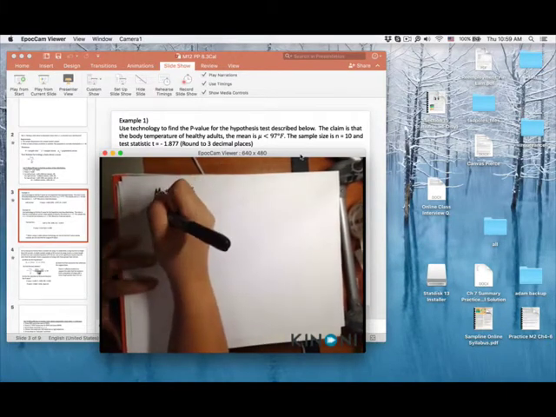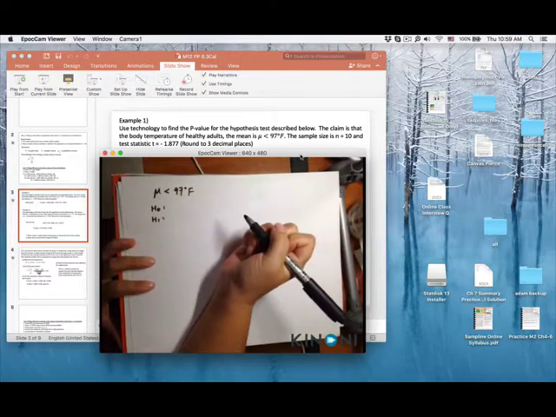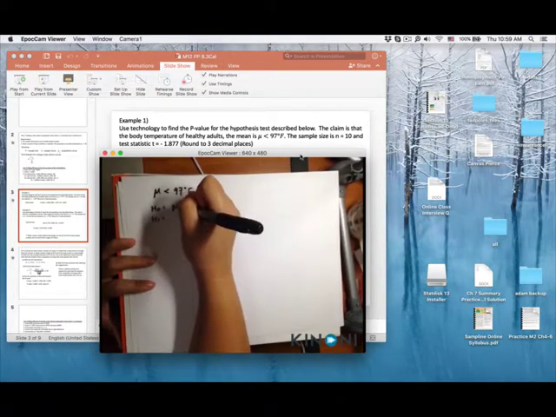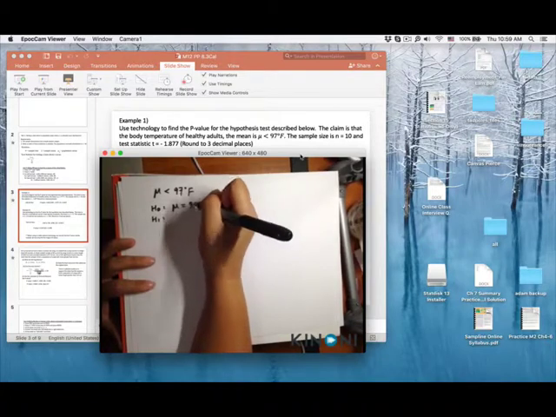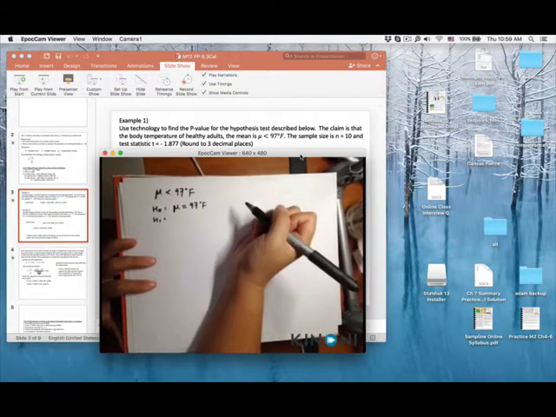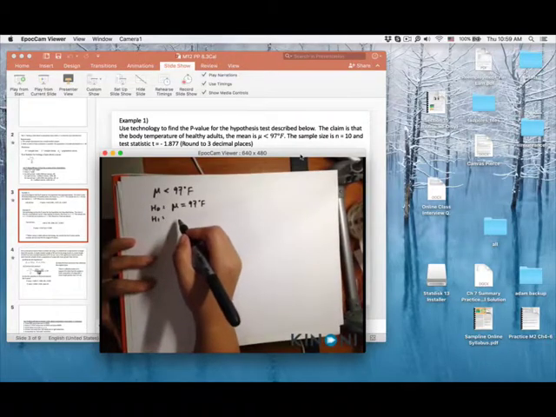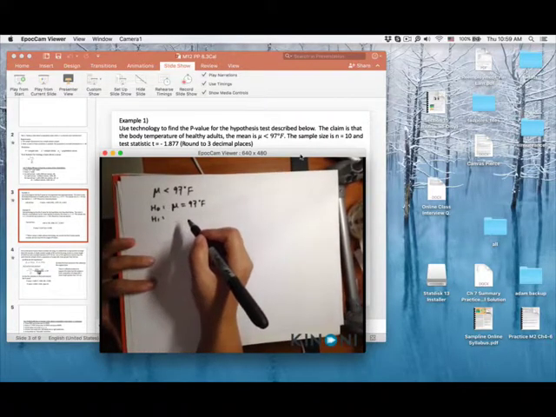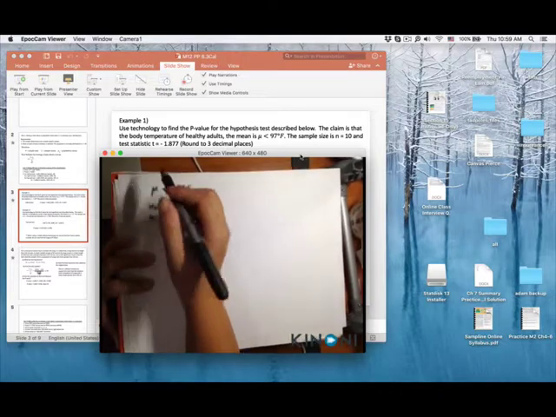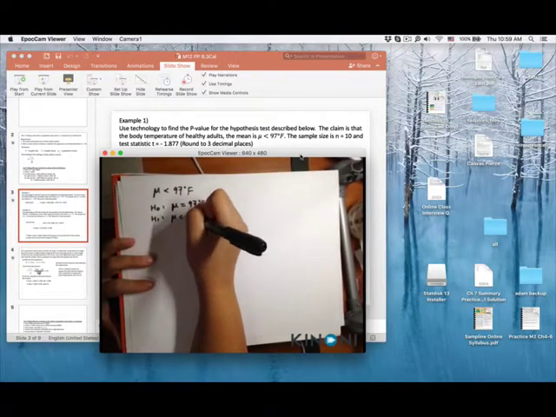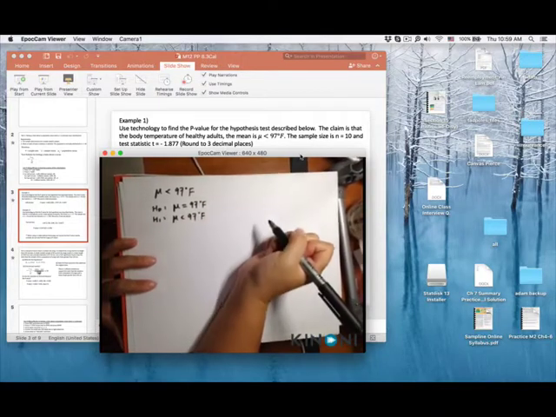First, let's write down the null and alternate hypotheses. Remember the null hypothesis is always that the mean is equal to 97 Fahrenheit. The alternate hypothesis can be strictly less than, strictly greater than, or not equal to. Since my original claim here is less than, I will use less than here.